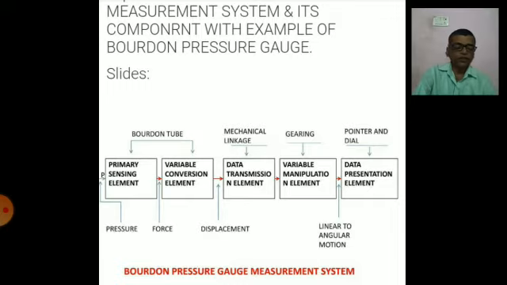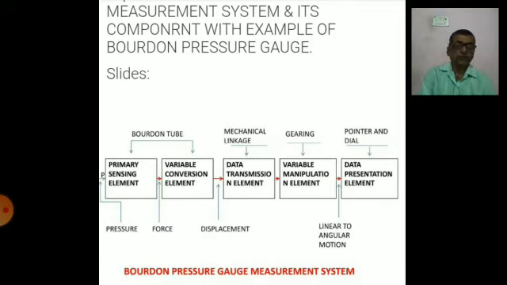The quantity under measurement makes its first contact with the primary sensing element of a measurement system. In other words, the measurand is first detected by the primary sensor. This act is then immediately followed by the conversion of the measurand into an analogous electrical signal.